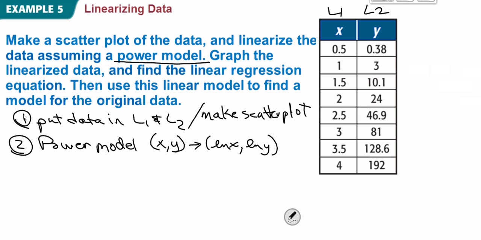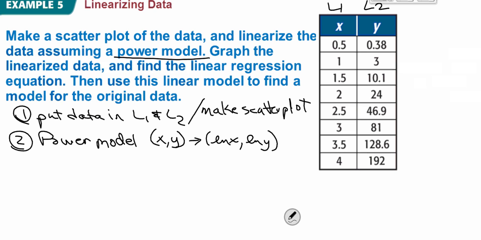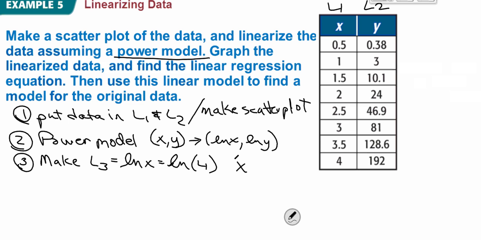So what you want to do is make step 3. Well, that's just finding them out. We'll make list 3 equal the ln of x, so that's going to be the ln of list 1, and that's x hat, which is list 3.